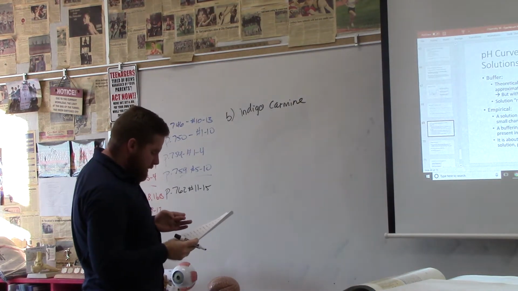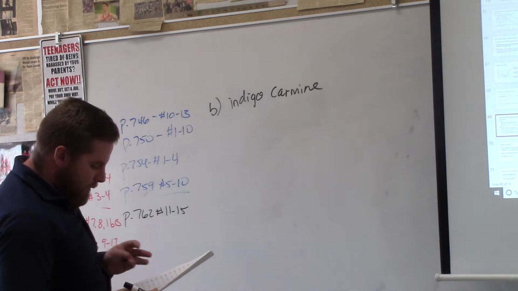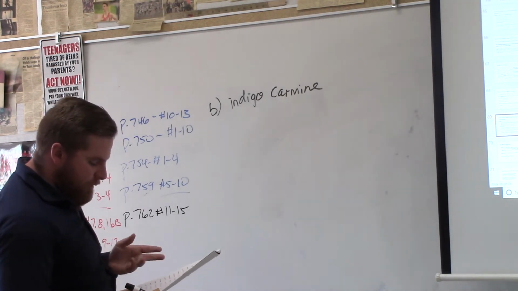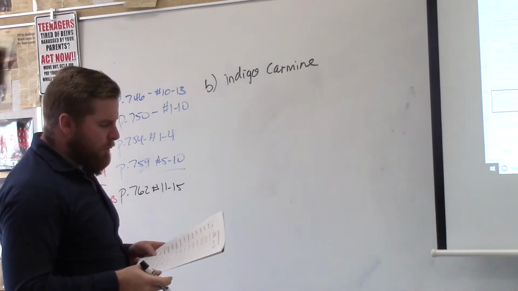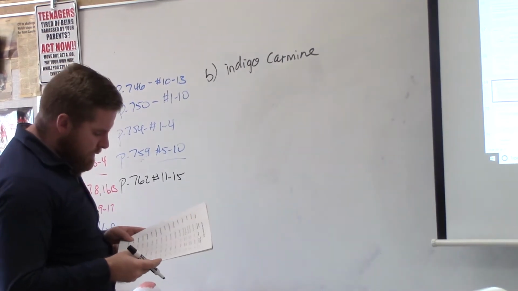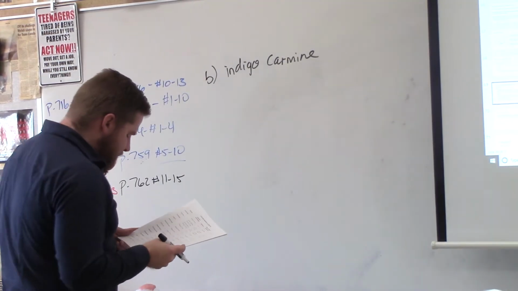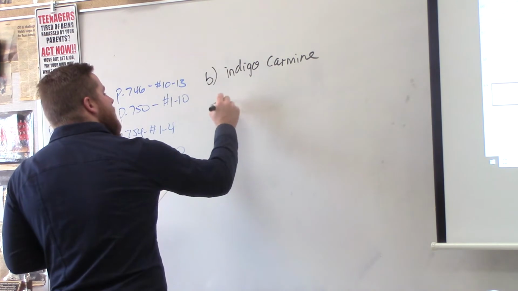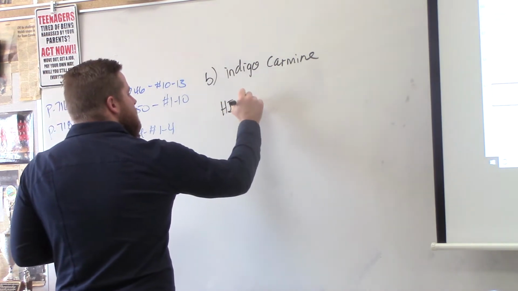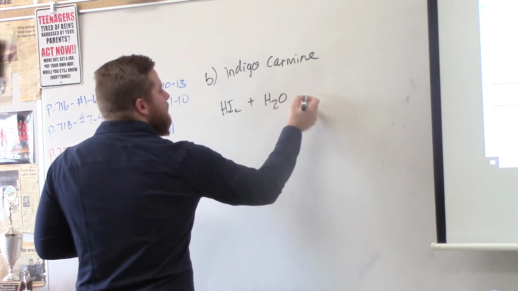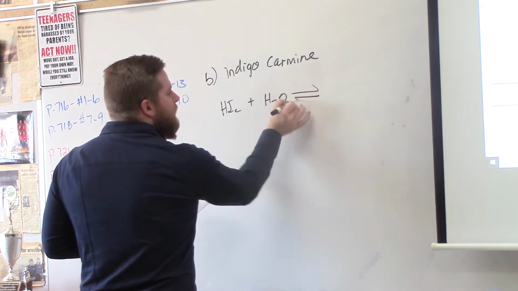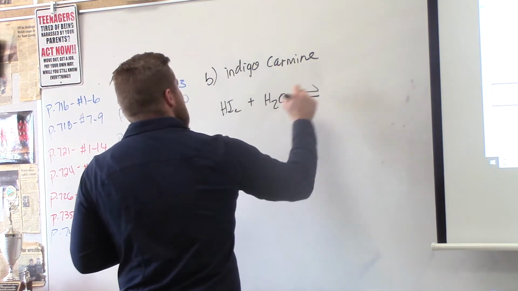Okay, so indigo carmine works best in a pH of 11.4 to 13. Again, I'm looking at my acid-base chart. This is HIC plus water, and it's going to have a weak acid-base pairing.